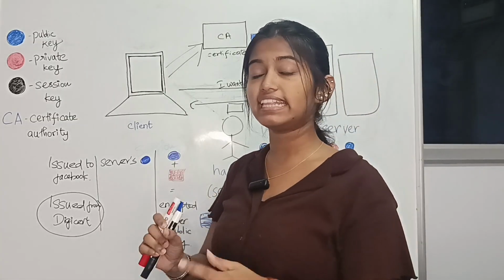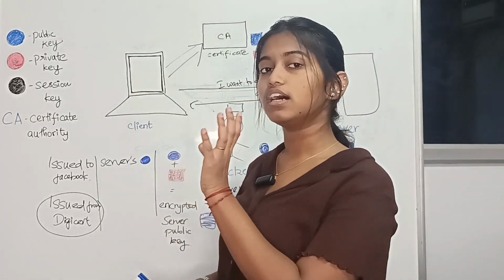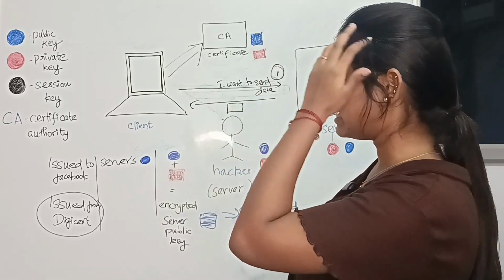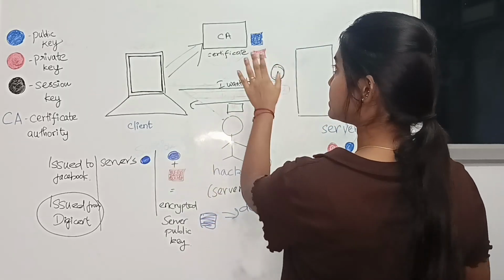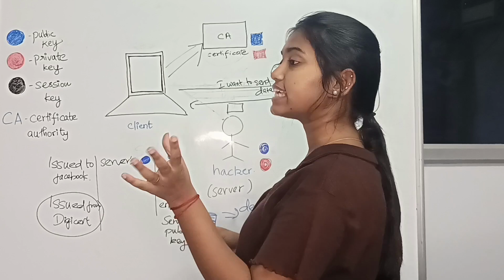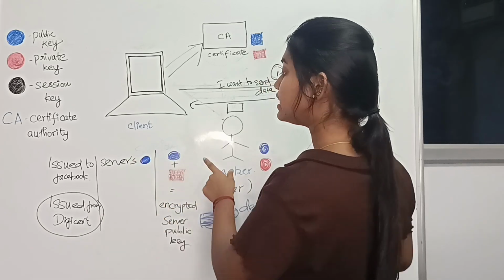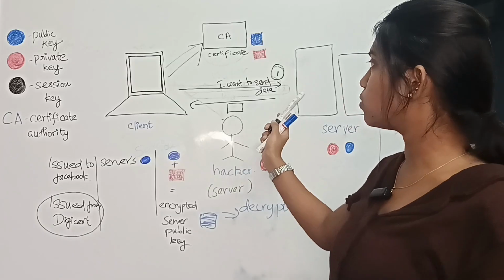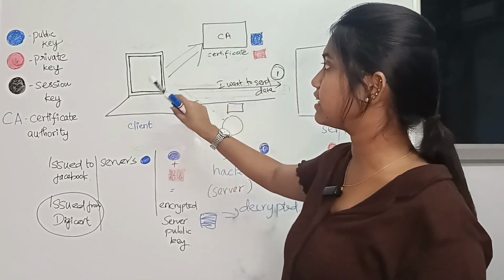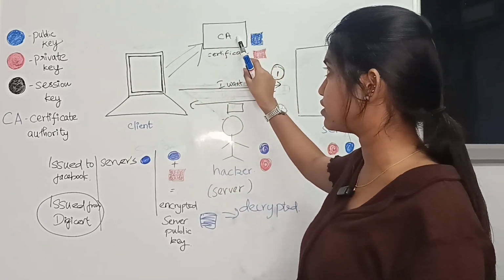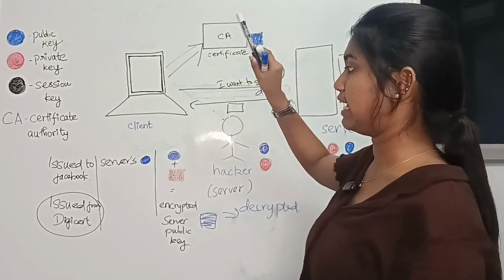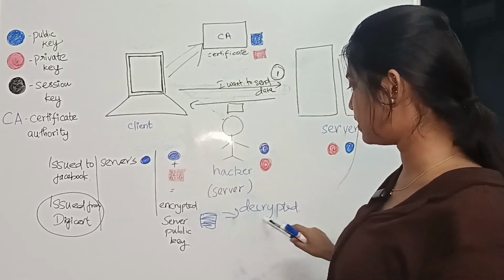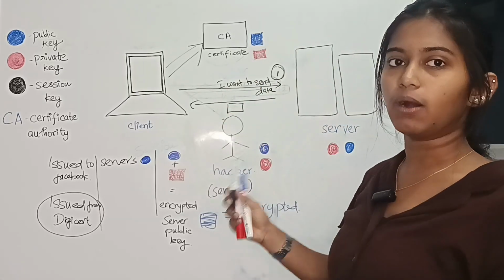He cannot access the digital certificate. It means the CA has actually signed the certificate with the help of its private key. Once it reaches the client side, it asks the CA for its public key, and with the help of the public key, it is decrypted, and the decrypted one is available now.